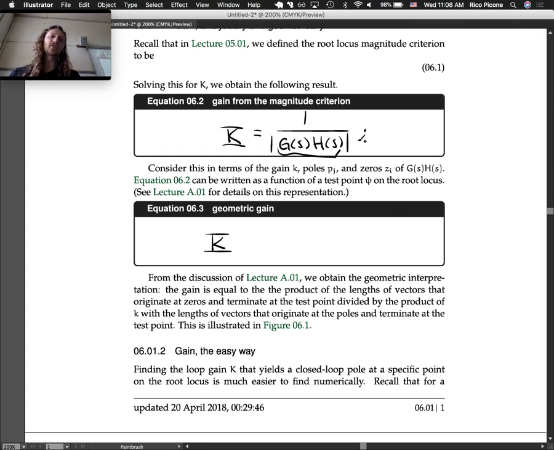Remember, we know how to evaluate functions. This GH is a transfer function, any complex function. We know how to evaluate them at a point S, so S equals psi, a test point. In the case of finding just the magnitude, we can take the magnitudes of the distance from each of the open loop poles and zeros to the test point and divide and multiply them.